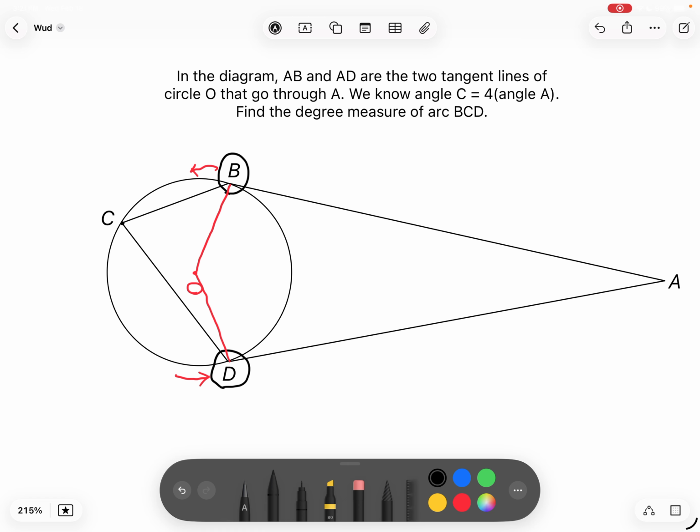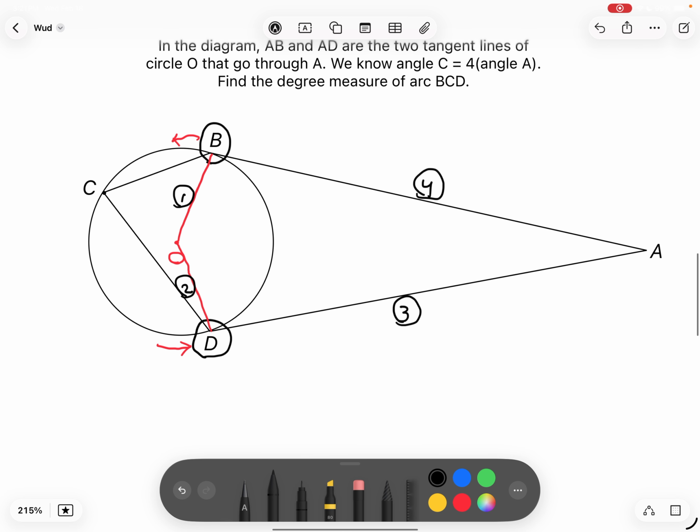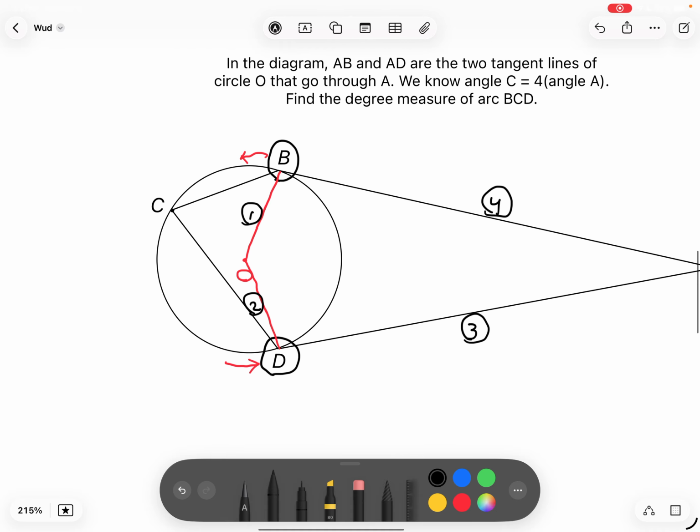BODA. Here we have side 1, side 2, side 3, these two long ones here, and side 4, to make it extra clear. So we have a quadrilateral, and in a quadrilateral, the angles must sum to 360 degrees.